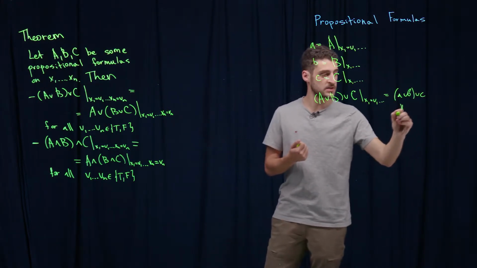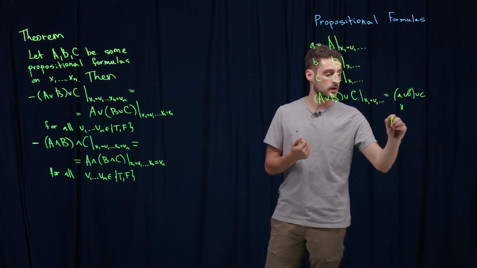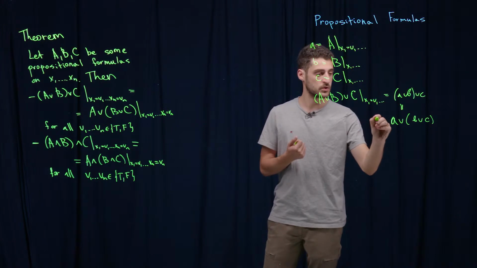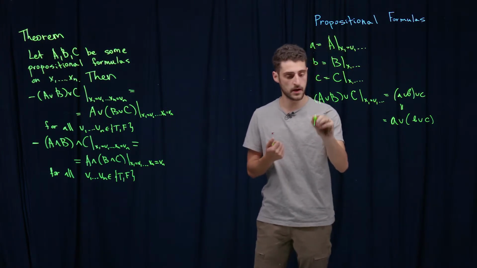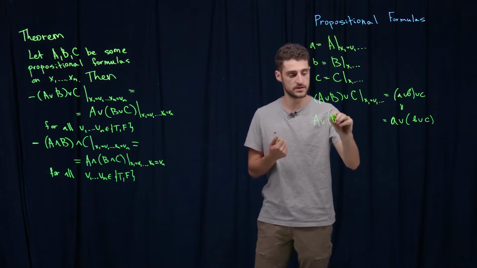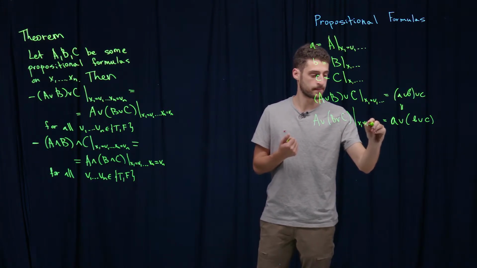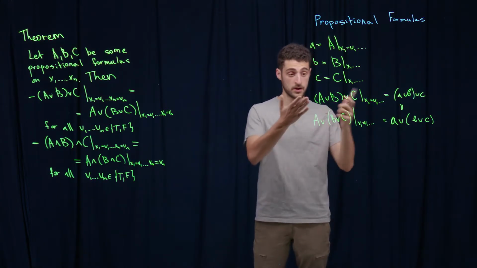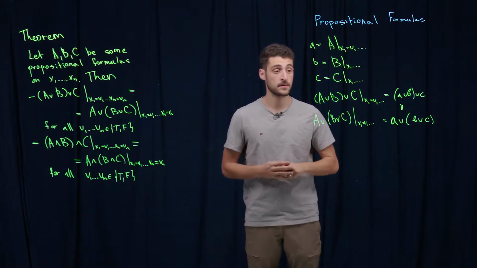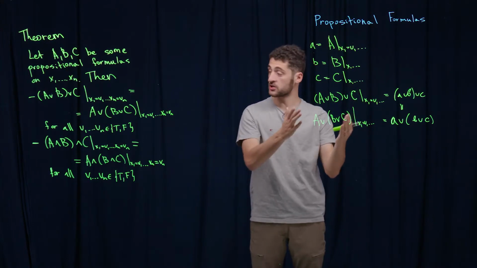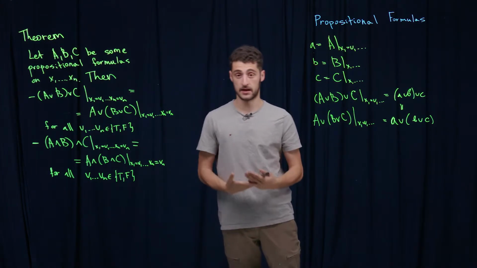But at the same time, it's equal to a or (b or c), which is the value of A or (B or C). And it proves the first statement. Similarly, you can replace everywhere disjunction by conjunctions and prove the second statement.